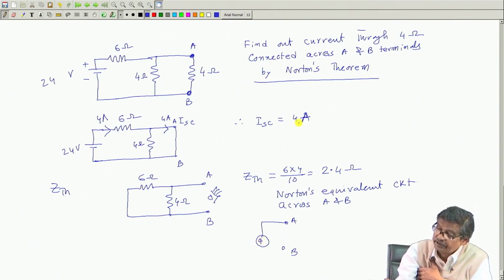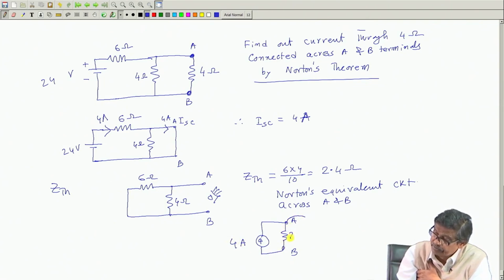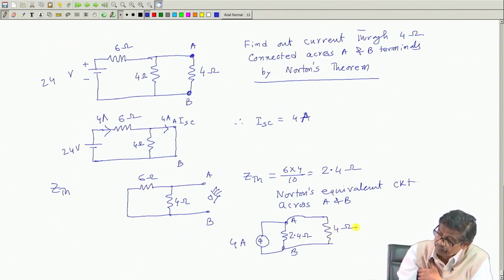What will be the value of this current source? 4 ampere, and in parallel with this Z Thevenin's 2.4 ohm, and then your this 4 ohm, this is 4 ampere.